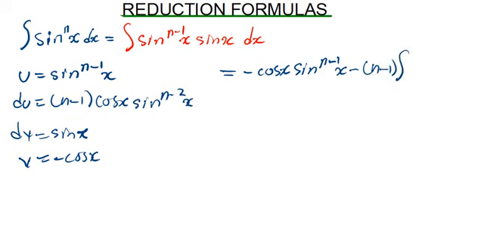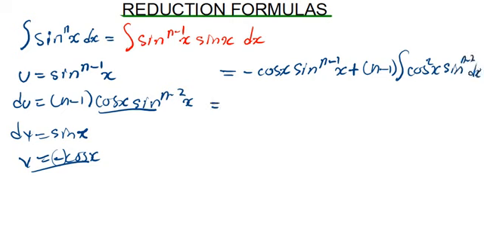Then the integral of, we are multiplying this v by what we have there. And again, I see that I have a negative here and another negative there, so I can make my life easier by putting this as a positive, because those two multiply each other. So we have a cos and another cos, that becomes cos squared of x multiplied by sine n minus 2 dx.